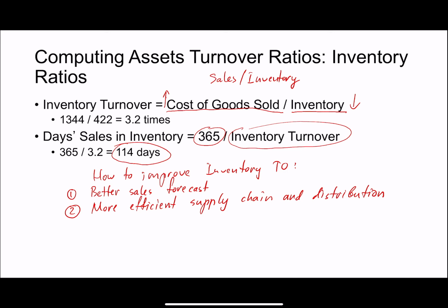There are no stores, there are no real warehouses. They just produce their product and then they immediately deliver it to the customers. Okay, so the way they distribute their product is much better compared to your regular automobile producer. So anyway, you want inventory turnover to be as high as possible, and you do certain things to do that.